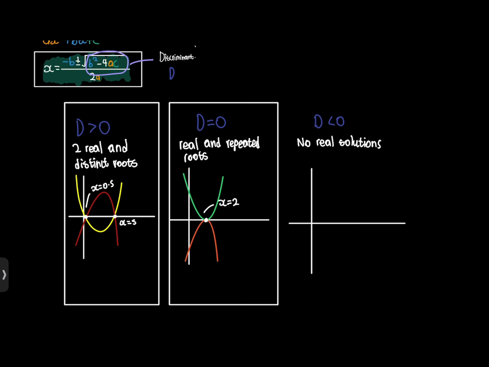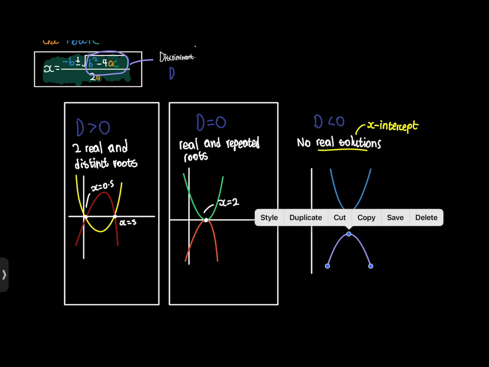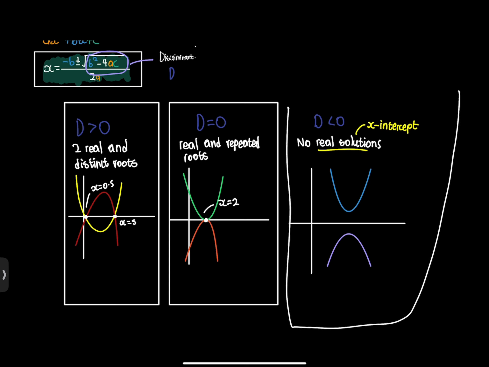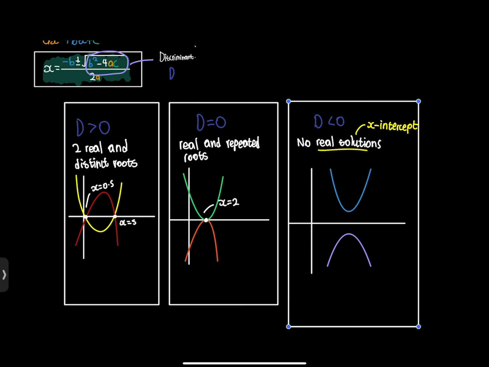So if there are no real solutions, then your graph is going to be entirely above the x-axis, or entirely below the x-axis. Roots just means intersections with the x-axis, right? Well, it doesn't have any of those, so it has no real solutions.